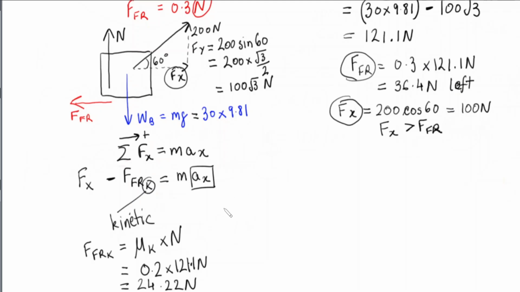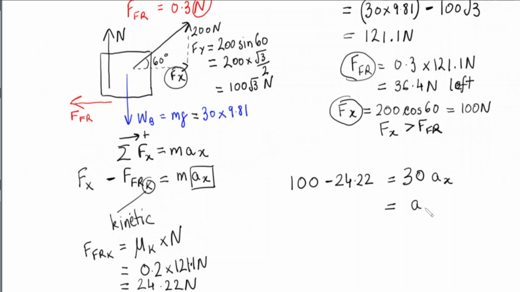So we can go ahead and plug that back into this equation. So we can say 100 newtons minus 24.22 newtons is equal to the mass, and we know the mass to be 30 kilograms, times the acceleration in the x direction.